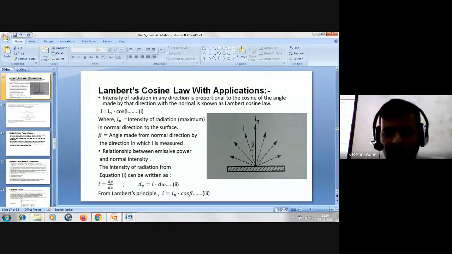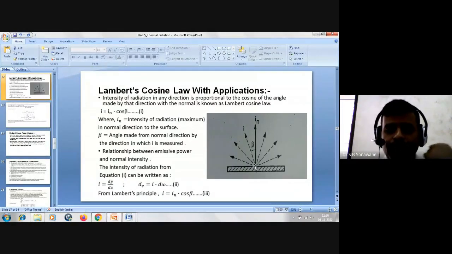Now consider one plate that I have shown by hatched line. As you know, every surface emits radiation in all directions, and we learned one term, that is intensity of radiation.